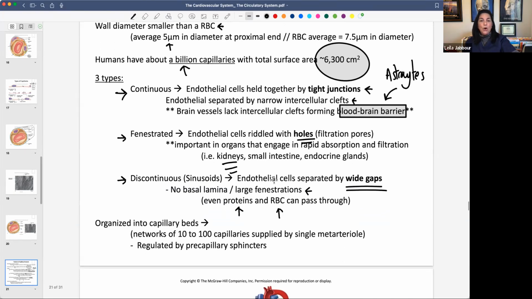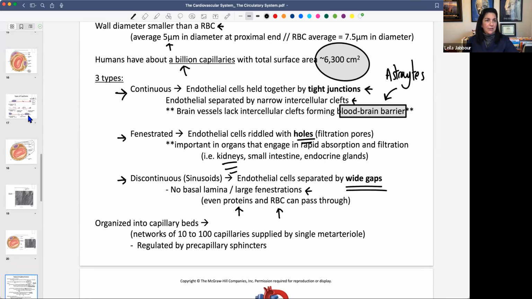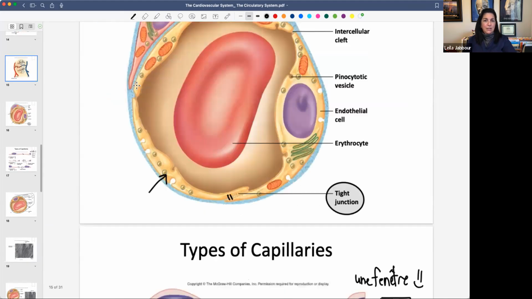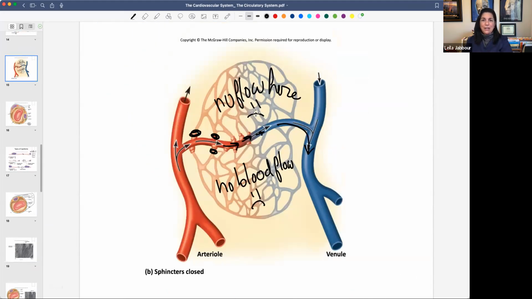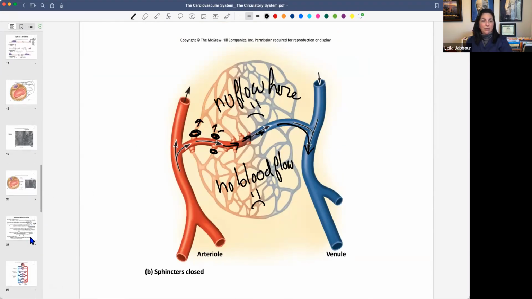All right. So all of these are organized into capillary beds in the tissues. There's a network of 10 to 100 capillaries that can be supplied by a single meta-arteriole, and we saw that in this picture over here, right? So this entire capillary bed, let's say all of here, is fed by this meta-arteriole, and we have a lot of these.